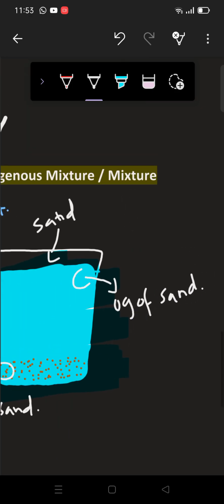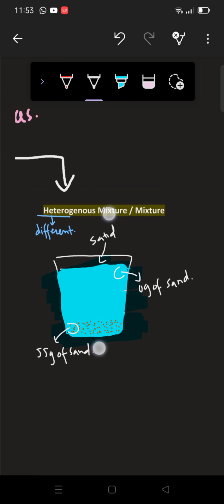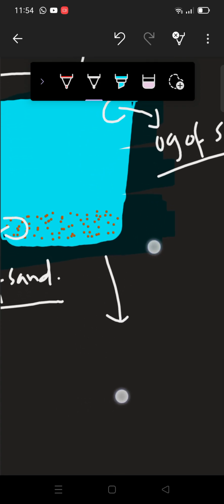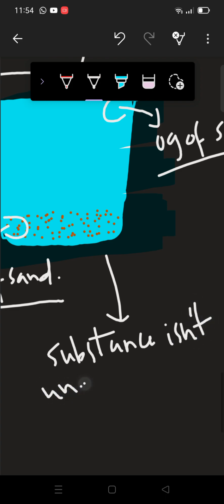Since the entire sand is settled down, we don't have any sand up there. So now see the ratio. Here we have found 55 gram of sand. Here I found 0 gram of sand, which means the substance which we have poured inside the water is not uniformly distributed.